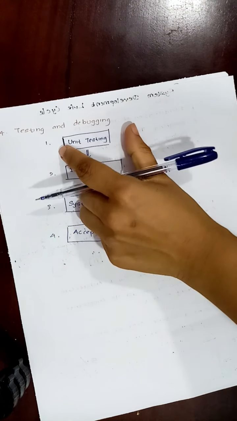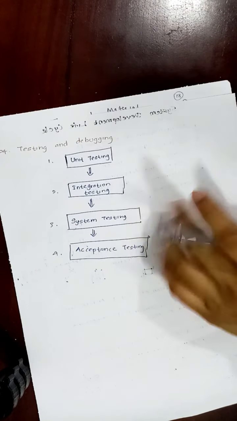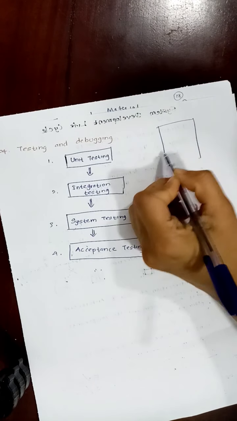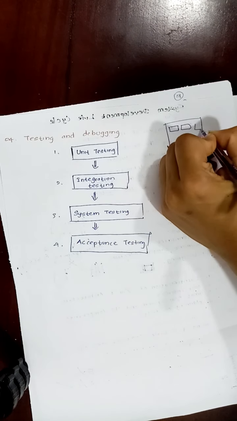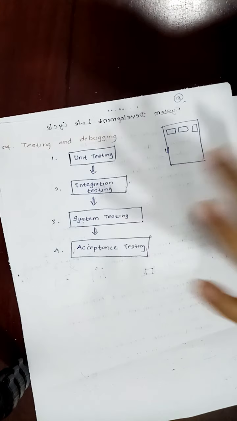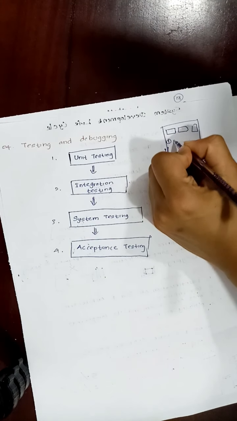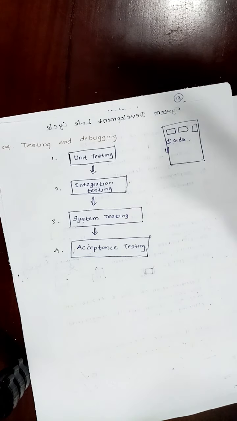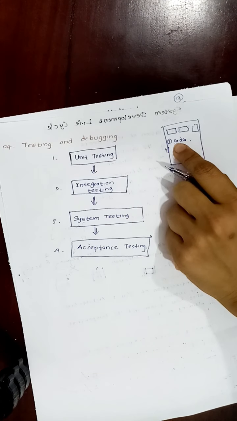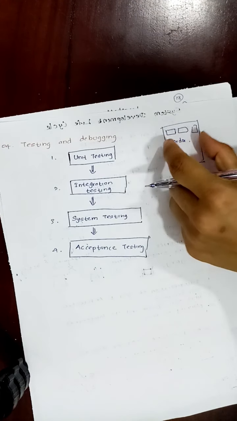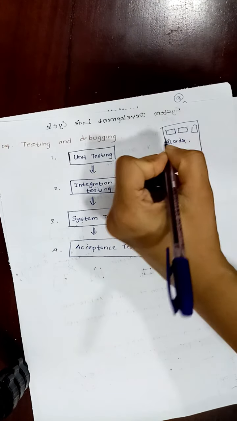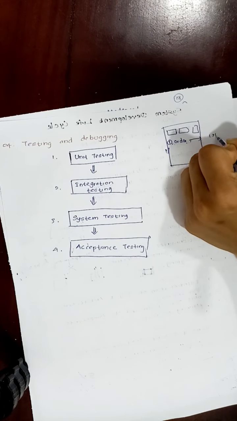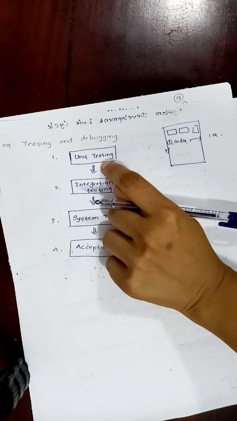Okay, unit testing in this sense, firstly you are developing this order function. So in this order function you check only the order function first. First you have developed this order function and you are checking it first. That is unit testing.